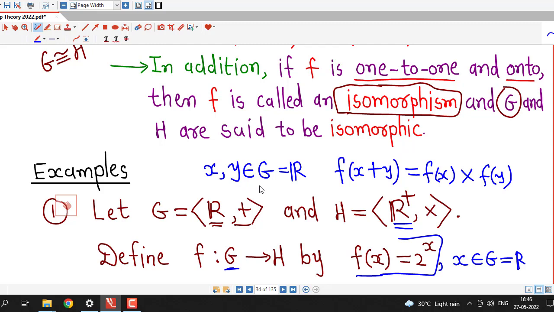The operation in group G is addition and x and y are elements of G, so here we use x plus y. f of x and f of y are elements of H, and in H the binary operation is multiplication, so here we write f of x into f of y. So to prove that this function f is a homomorphism, we have to show that f of x plus y equals f of x into f of y.